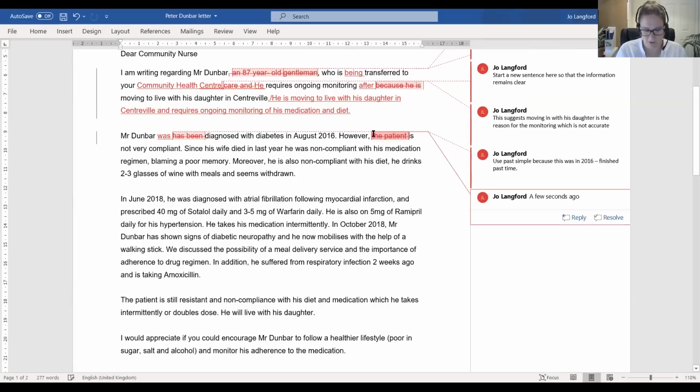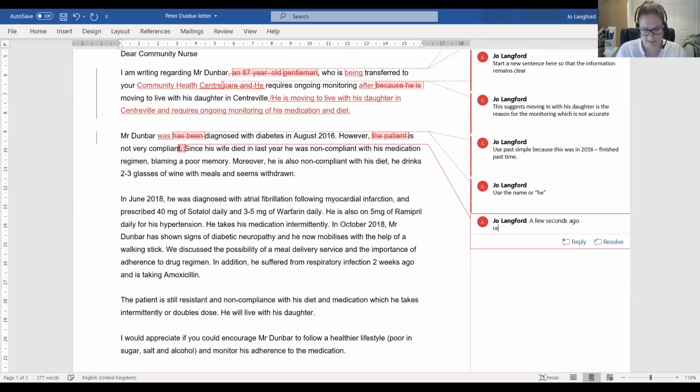You need to use the name or he. And you've got a bit of repetition here. So I would put that repeated in the next sentence. So I suggest cutting this sentence.